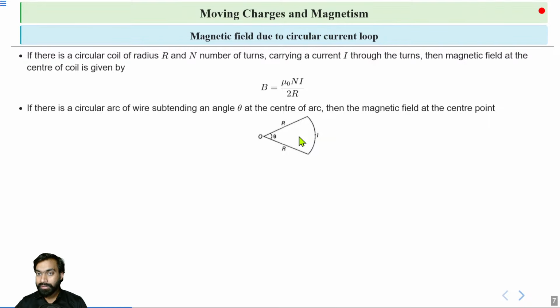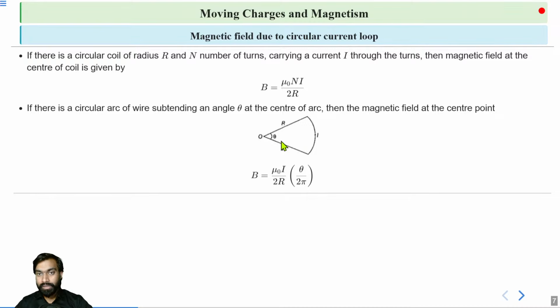Since the arc is only a portion of a full circle, the magnetic field it produces at the center is proportional to the fraction of the circle the arc covers. And this fraction is the ratio of the angle theta to the full angle of a circle, 2 pi.